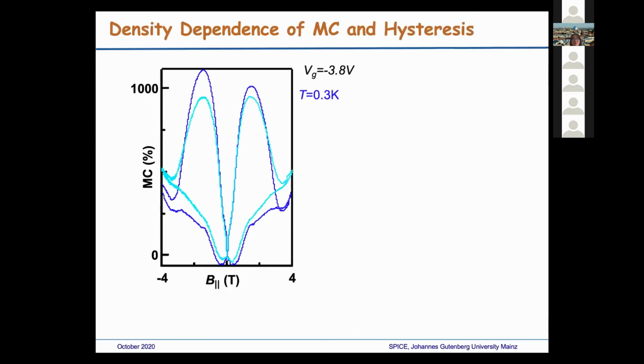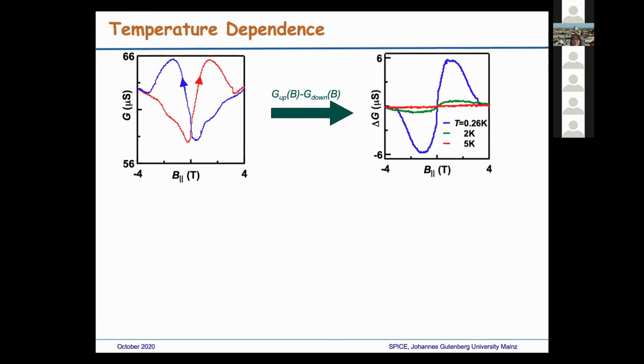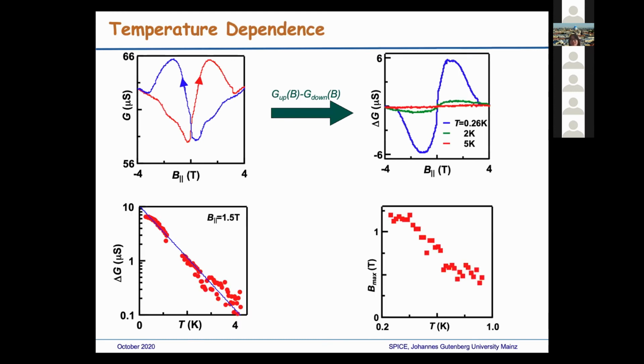We also measure the hysteresis and the magnetoconductance as a function of temperature. It decreases as a function of temperature, and eventually disappears at about 5 Kelvin. I may probably skip this part.